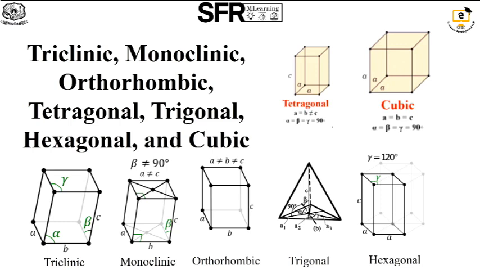Once again, I repeat the names: cubic, trigonal, monoclinic, orthorhombic, tetragonal, triclinic and hexagonal are the 7 basic crystal systems found in crystalline nature.